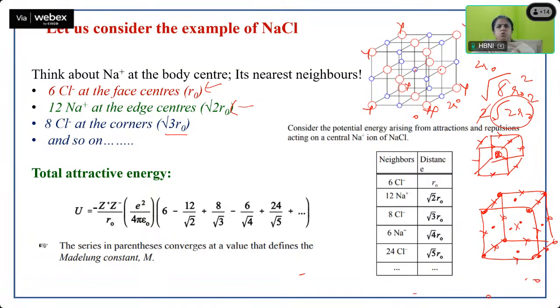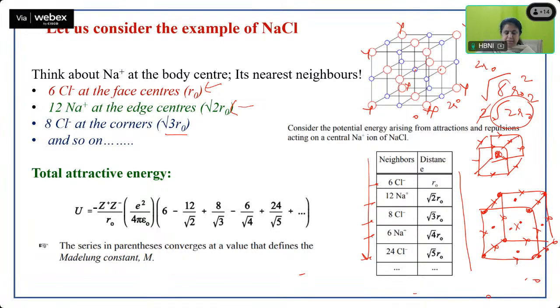So forth and so on, we can calculate. I'm concentrating right now only on one sodium that is lying at the body center: its nearest neighbor, the next nearest neighbor, and so on. These are the numbers of ions, and these are the distances.